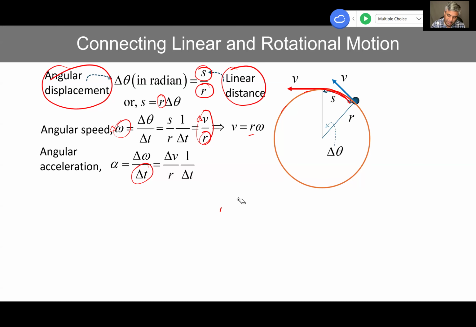Now I can pair this, and that gives us linear acceleration. a is delta V over delta t, right? a versus alpha. See, they may look kind of similar sometimes, but they are different.